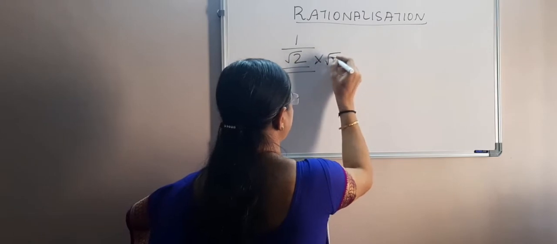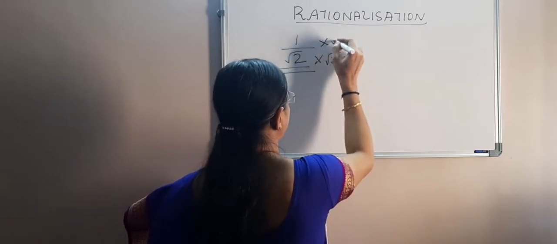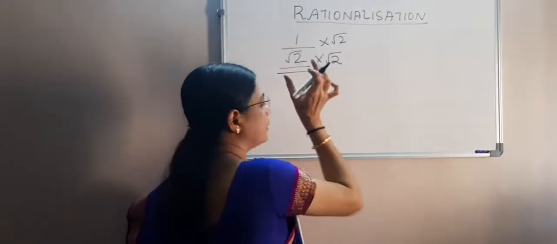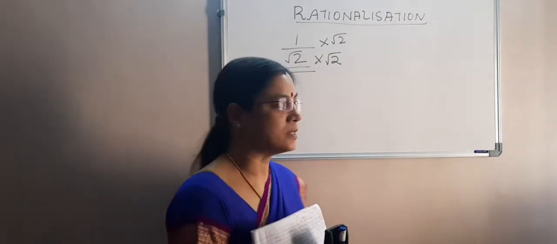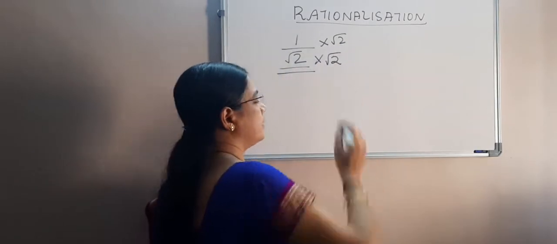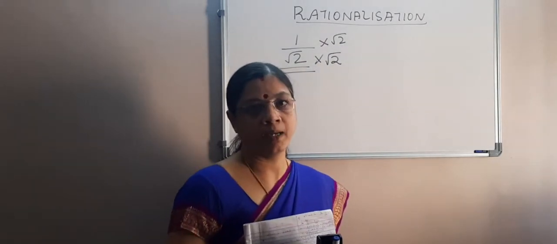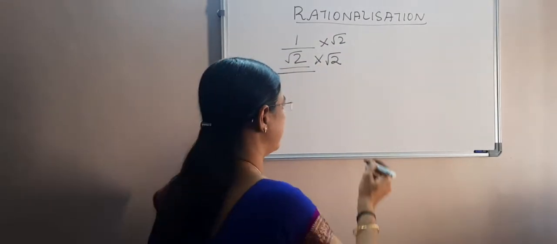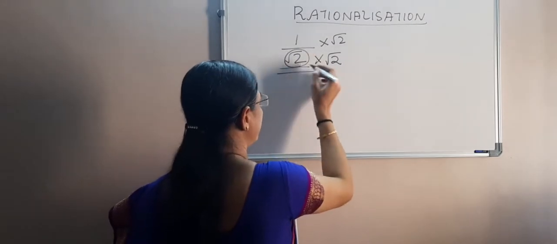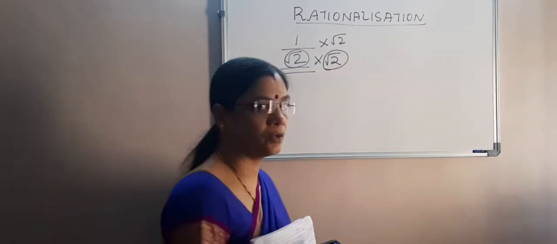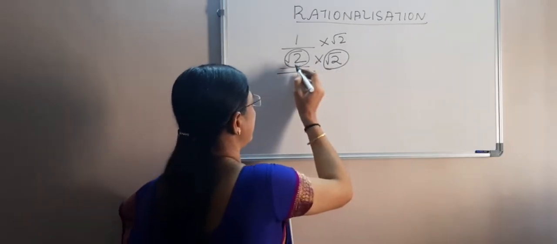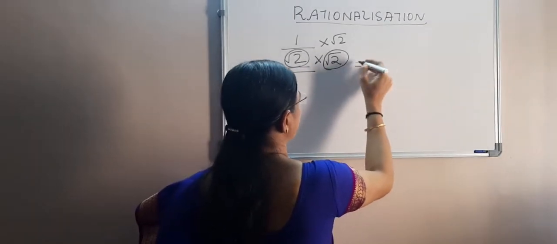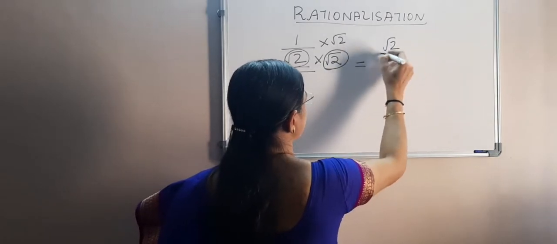We have the same number to be multiplied in the numerator and the denominator. We know that a fraction has a numerator and a denominator, so both are multiplied by the rationalizing factor. The rationalizing factor of root 2 is root 2 itself. Why is root 2 multiplied? Because root 2 into root 2 will give you just 2.